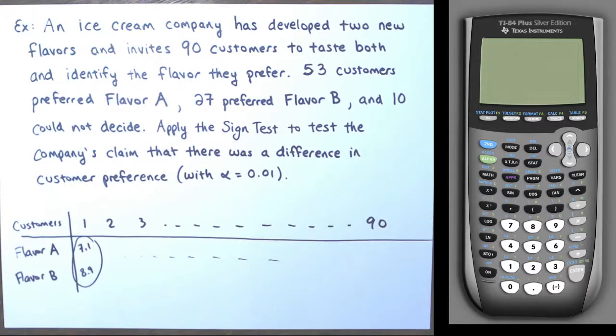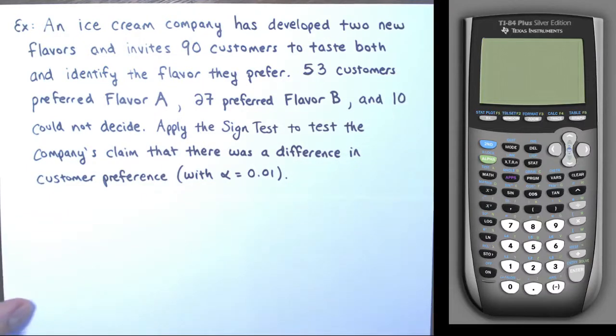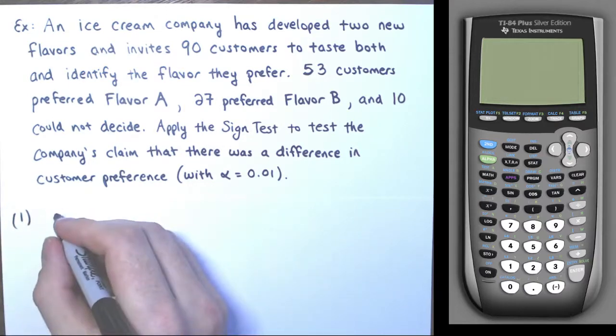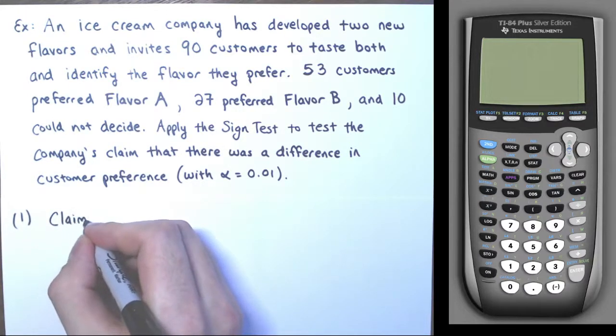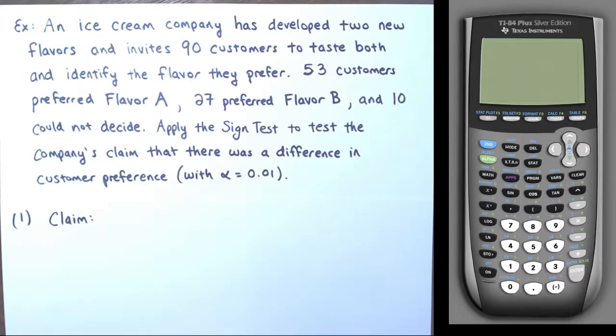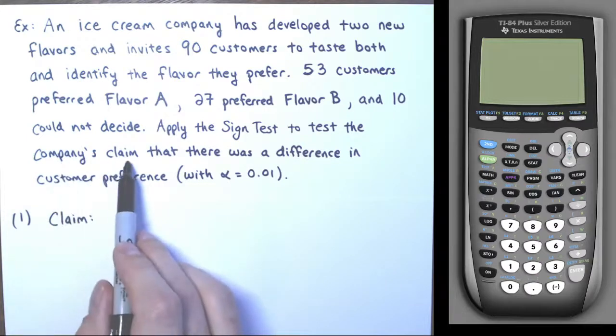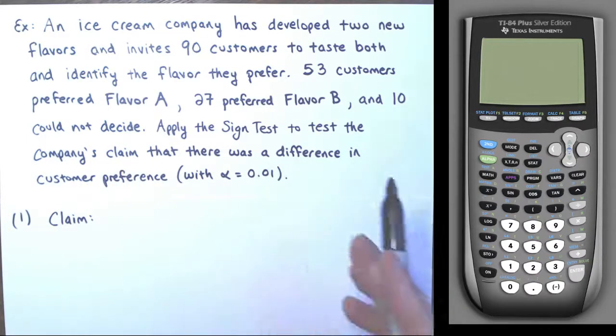So instead of looking at a table, we'll just refer back to how many said they preferred one flavor over the other in the problem. So first, again, the hypotheses. Before you can set up your hypotheses, you have to know what's being tested. What's the claim being made, or the hypothesis being tested? The company is claiming that there just was a difference in the customer preference.